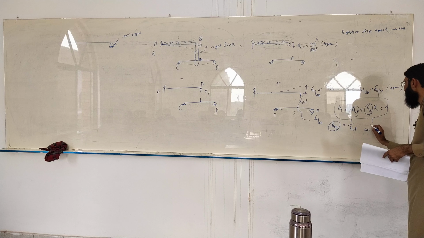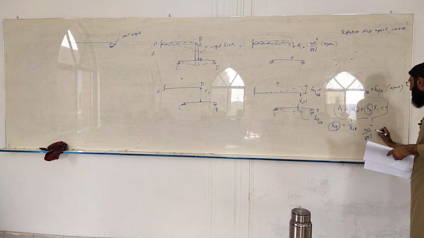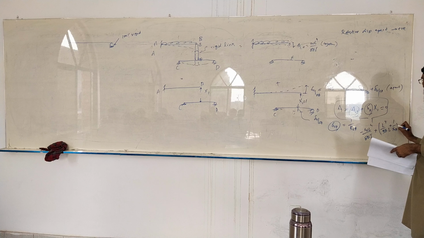So this equation will be equal to W L raised to 4 over 8 EI, which will come with a negative sign because this is relative displacement, plus delta 1 1, which is L cube over 3 EI, plus 1 over KCD. What is 1 over KCD?